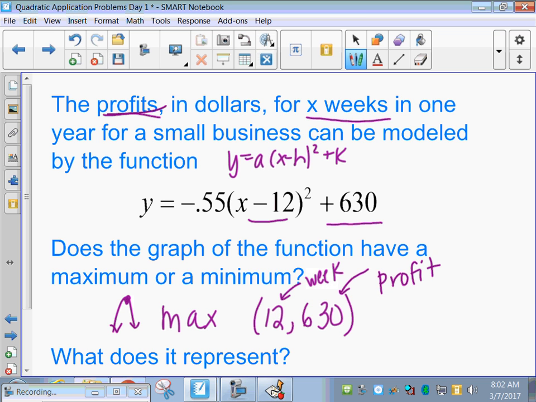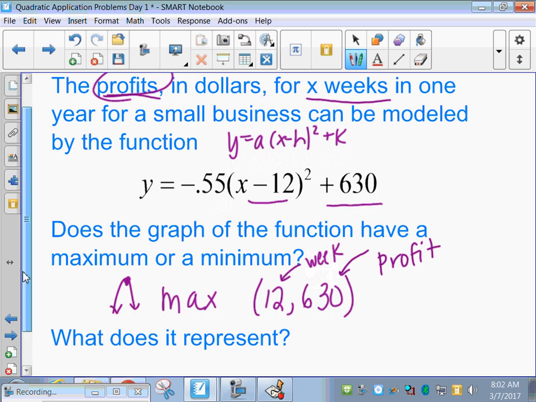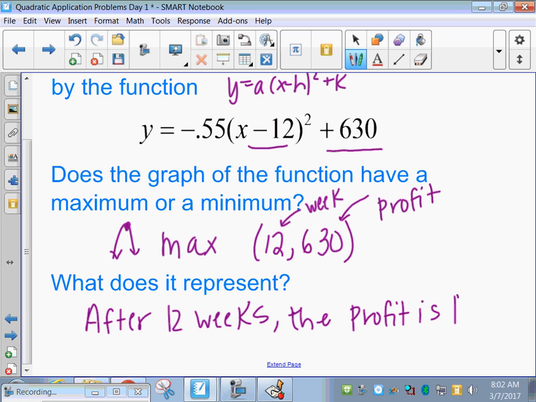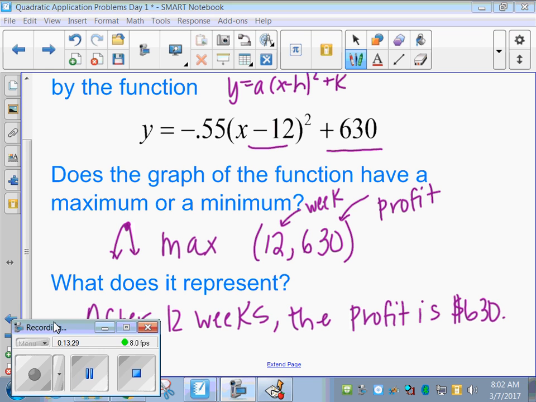Okay, the profit in dollars. So what does this actually mean? After 12 weeks, the profit for the small business is $630. That's it. All right, so it should be pretty easy application problem, and hopefully you guys are good to go.